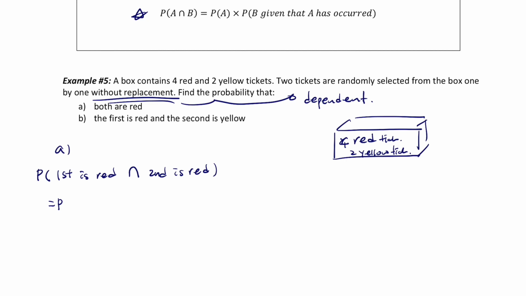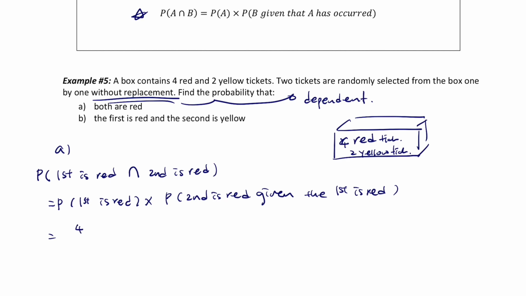So this is the same as probability that first is red times probability that second is red given that the first is red. So the probability of first is red is 4, there are 4 red tickets, right? And there are 6 tickets in total. So we do 4 over 6 times second is red given that the first is red, right?